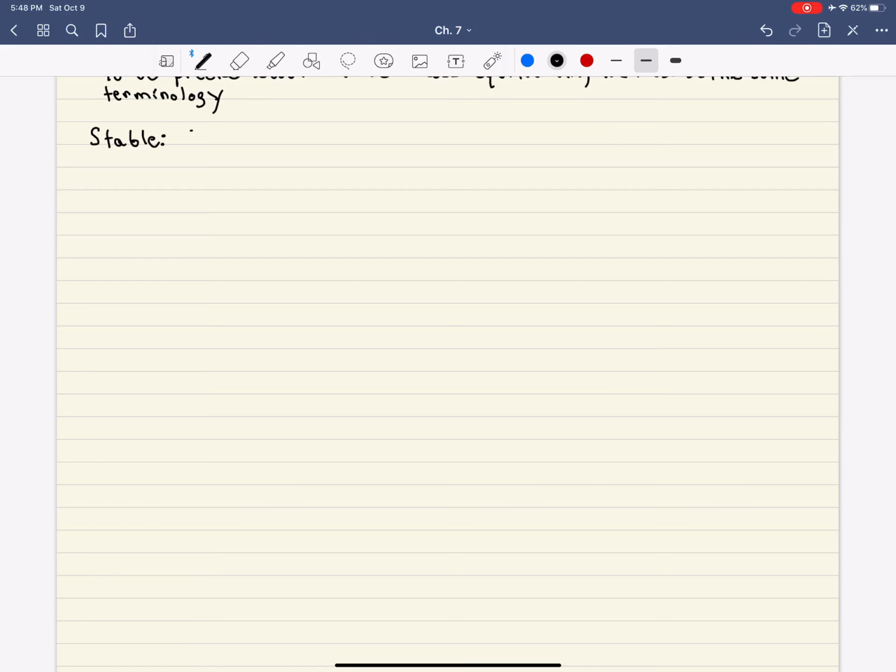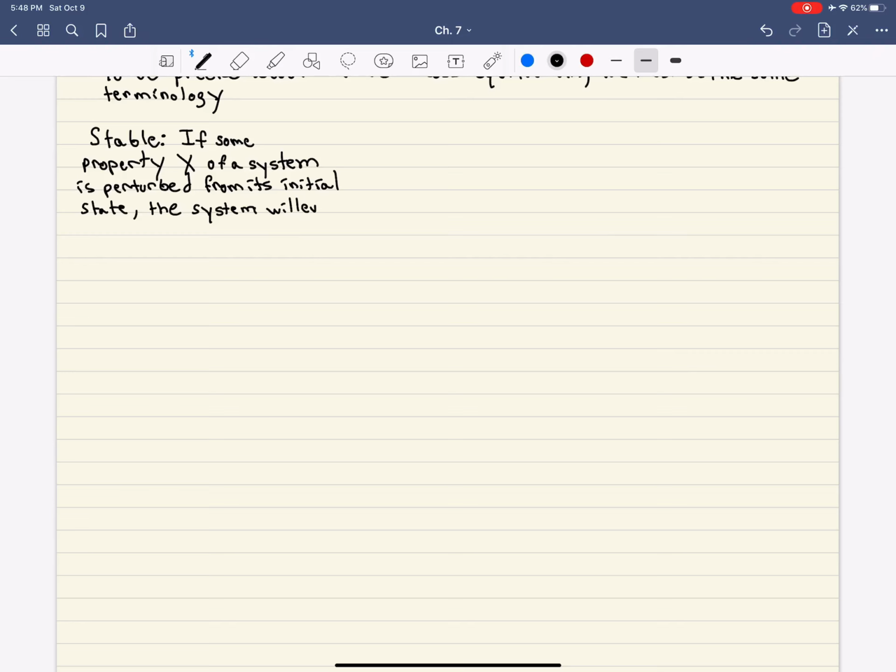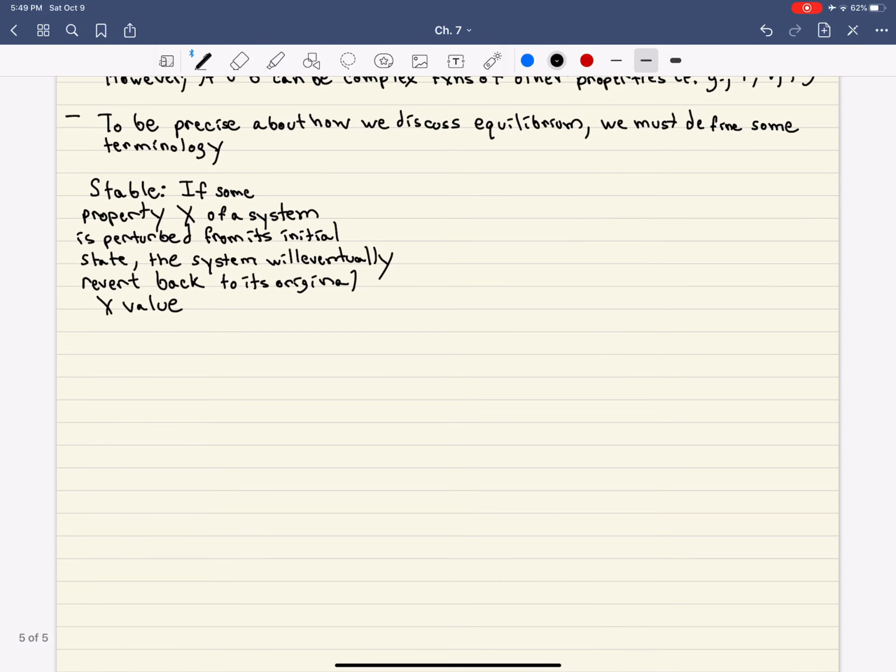And so when I say a system is stable, I mean that if some property X of a system is perturbed from its initial state, the system will eventually revert back to its original X value. Okay? So that's what I mean by stable.